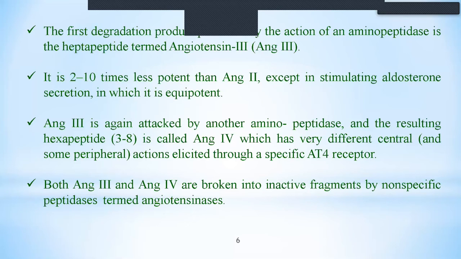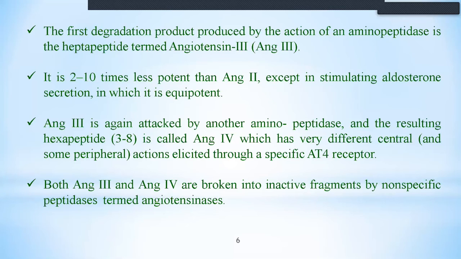Both angiotensin 3 and 4 are broken into inactive fragments by non-specific peptidases termed angiotensinases. So we have many pharmacological sites, starting from the conversion of angiotensinogen to angiotensin 1, then 2, 3, and 4, and a variety of steps can be inhibited.